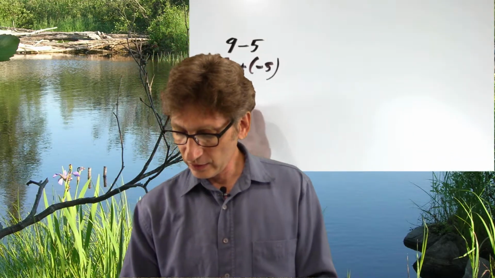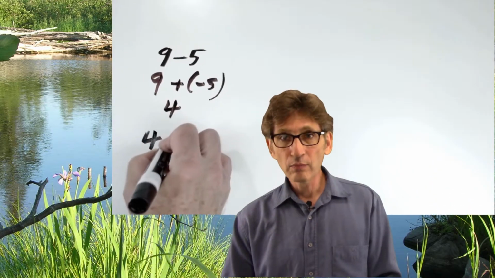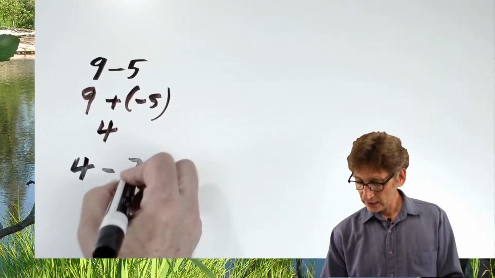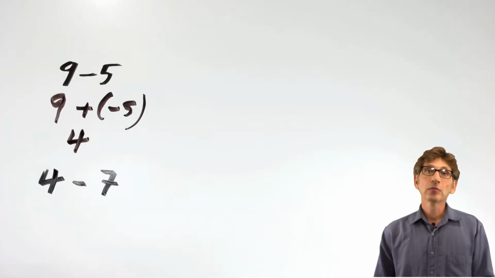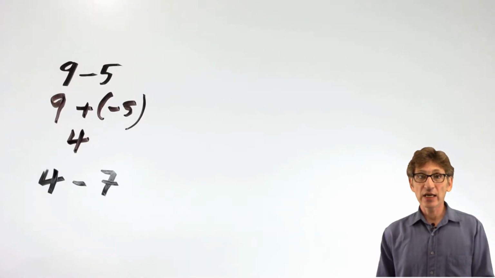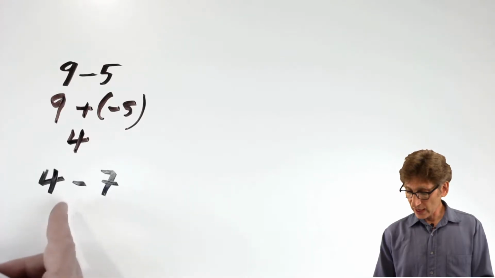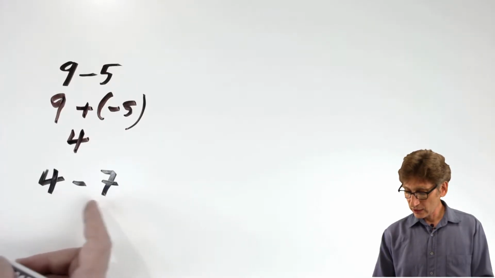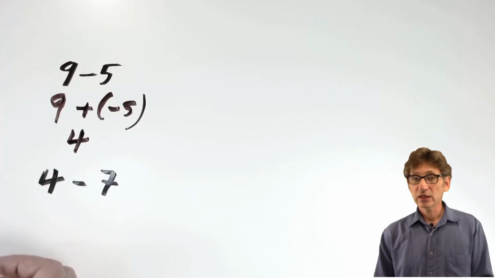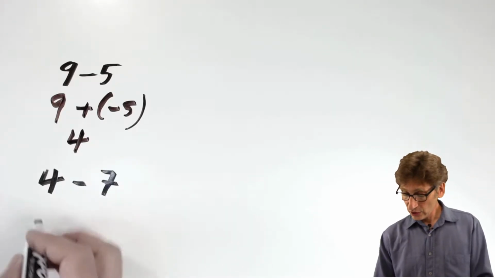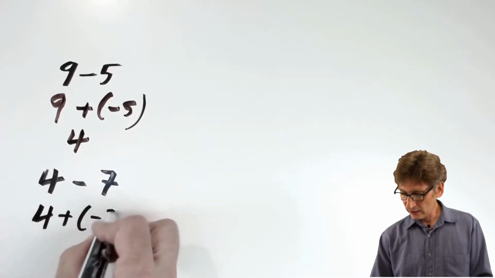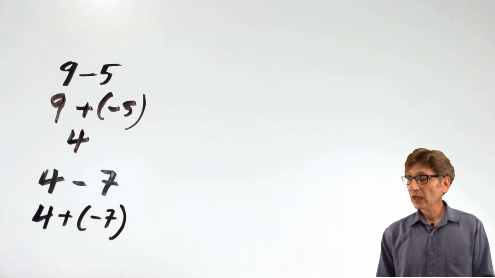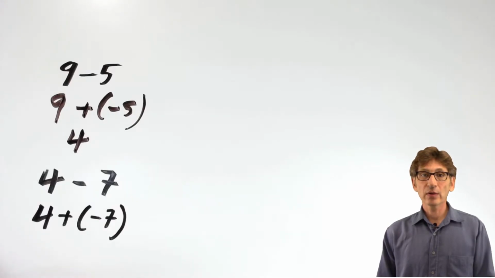Well, let's try another one. What if I have 4 minus 7? I've said there's no such thing as subtraction, meaning I can write subtraction as addition. So I write this as 4 plus the opposite of 7. The opposite of 7 is negative 7. So this becomes 4 plus negative 7. Then I follow what I've learned about adding numbers when one of them is negative.